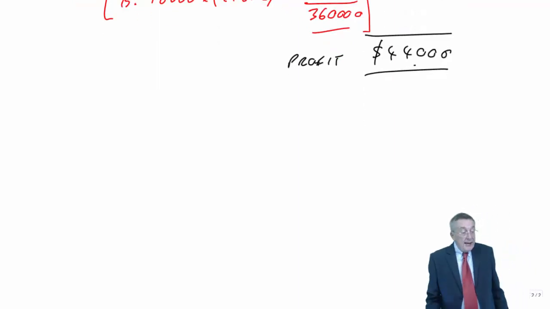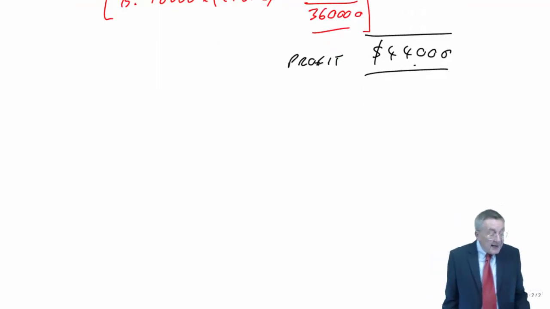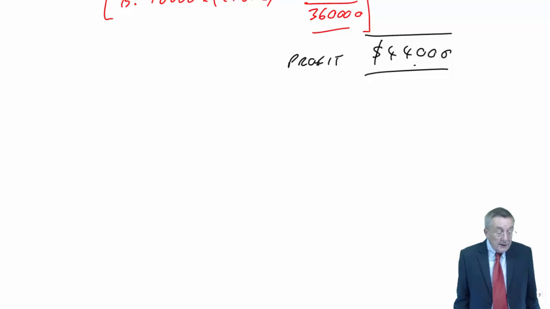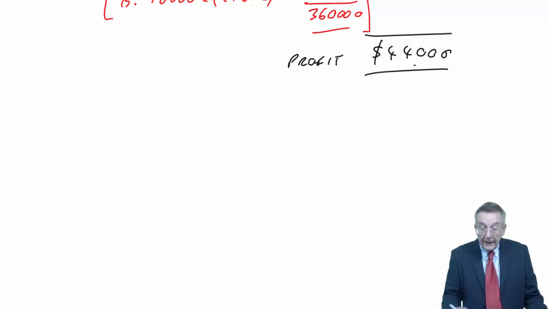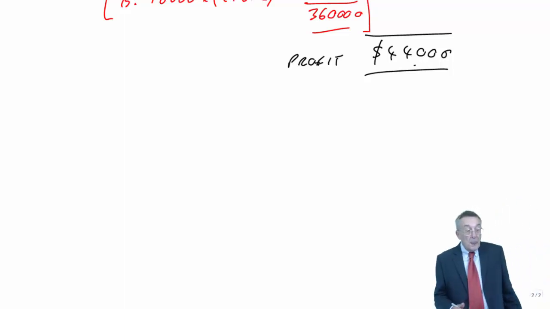Okay, not quite there yet, because part B says calculate and comment on the throughput accounting ratios. Now, you'll see the formula at the top.